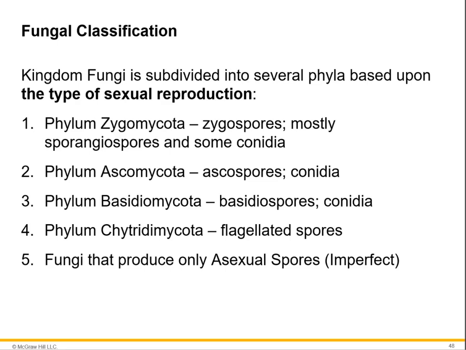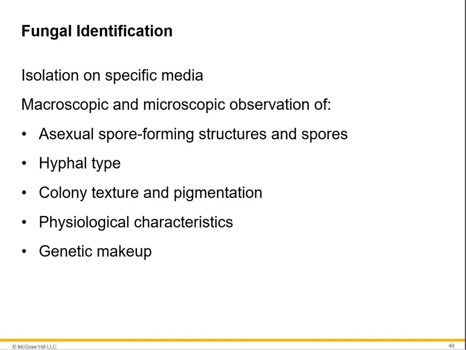Classification of the fungi is going to be based on the type of sexual reproduction, or if they are asexual, they would be classified down here. So identifying a fungus, we have special media that we use that is basically tailor-made for fungal nutrition. So it'll grow fungi on it very well and will not tend to grow bacteria or other microorganisms.